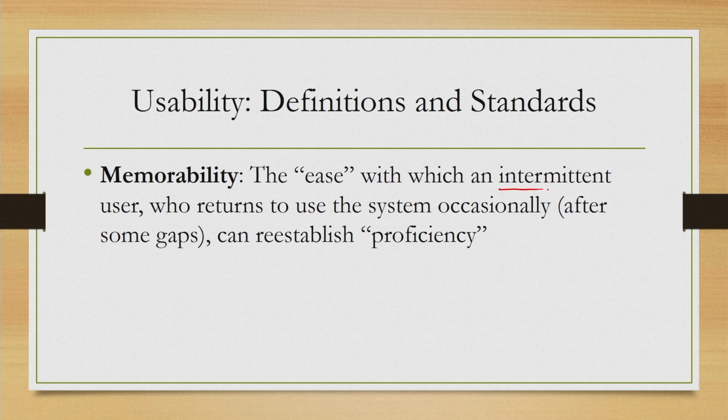So, note the emphasis given on intermittent users. Memorability measures the ability of a user to recollect what he or she has learned in the previous uses and utilize that knowledge effectively, even if the user is not using it frequently.